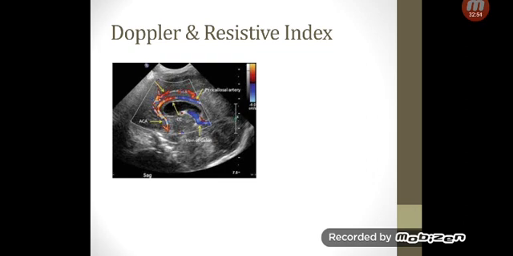So basically, let's start with the basics. If you choose to get the color on your scan, try to get to the mid-sagittal view, where you can appreciate the shadows of the third ventricle and the fourth ventricle going downwards.